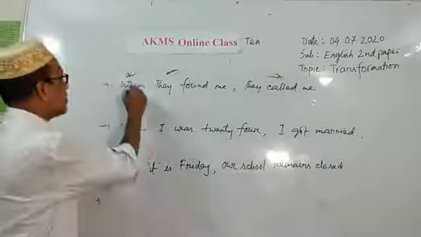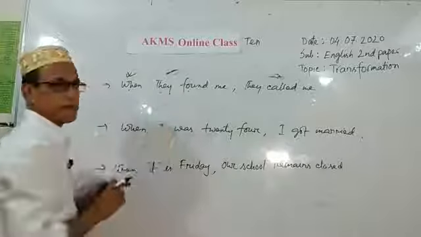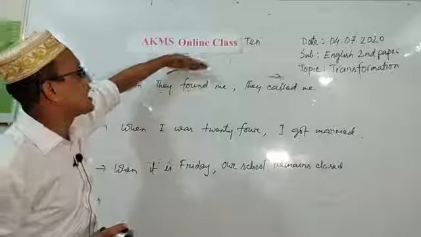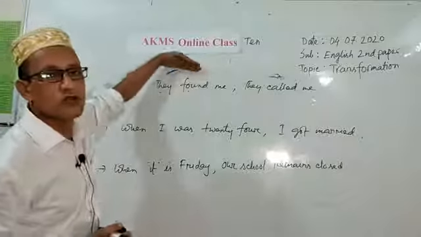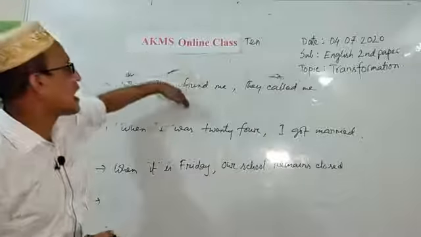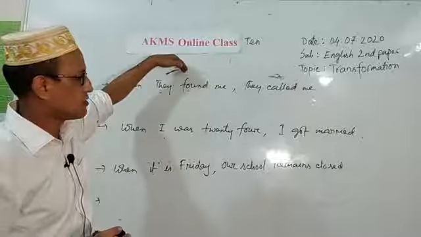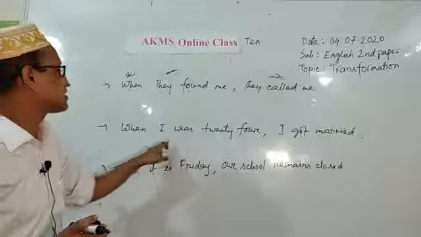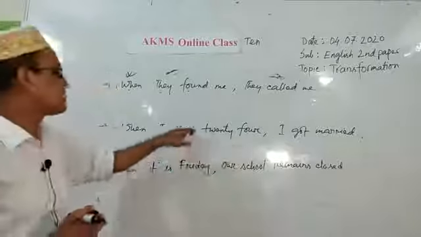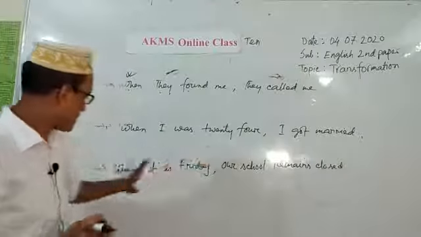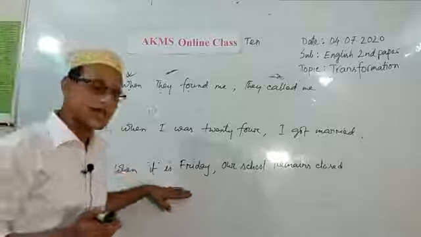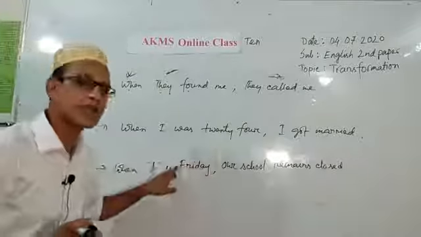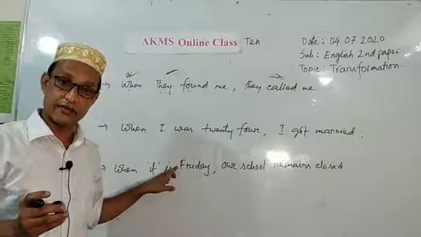Just like when they found me, then when indicates the action. When they found me, it was the time of the action, found. When I was 24, here the subordinate clause indicates my age. When it is a Friday, here the subordinate clause indicates the name of a day. Okay?